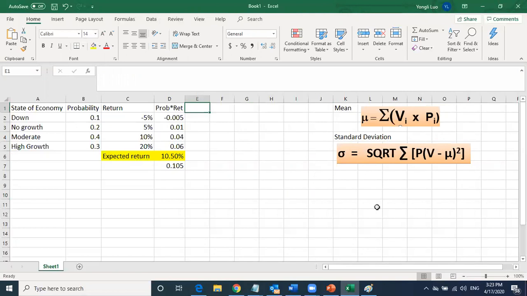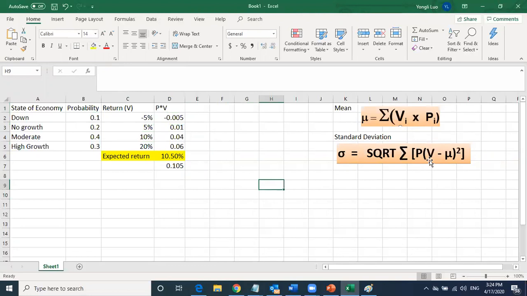Now we see this is the expected return, the mu. And now we have the value, which is the return. In this formula this is V, and the probability, letter P, so this is the probability times the value.